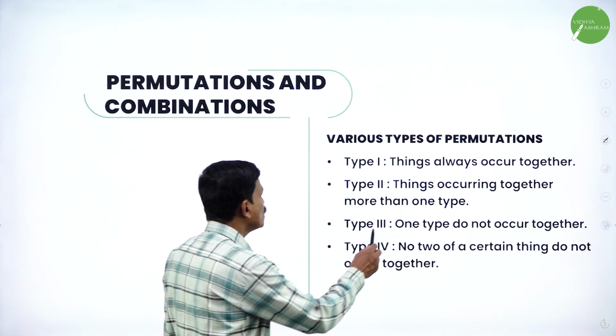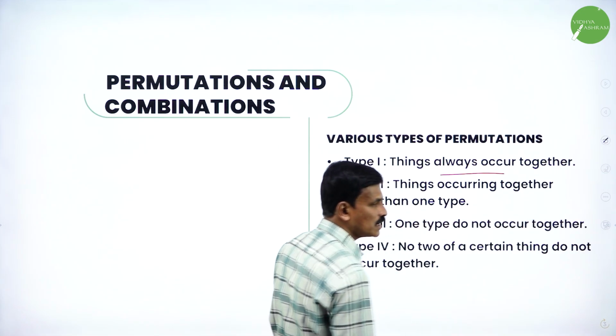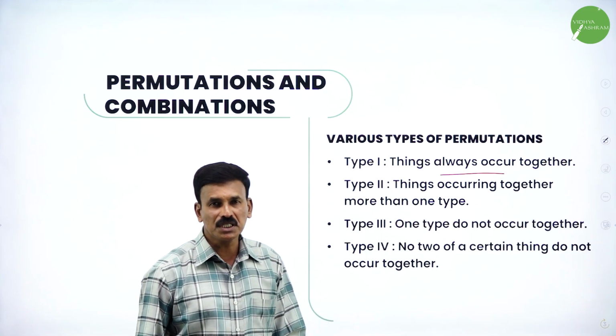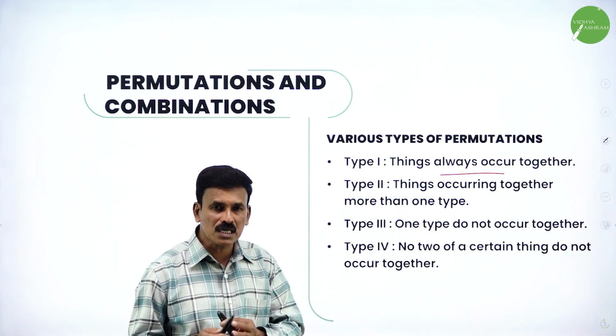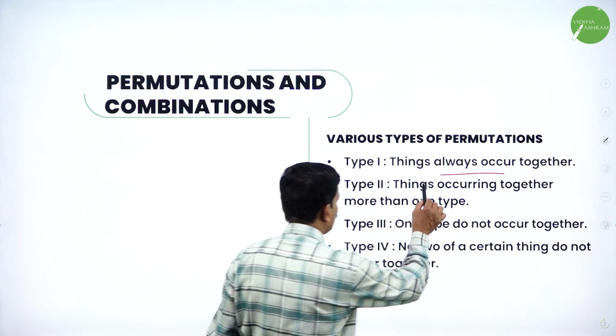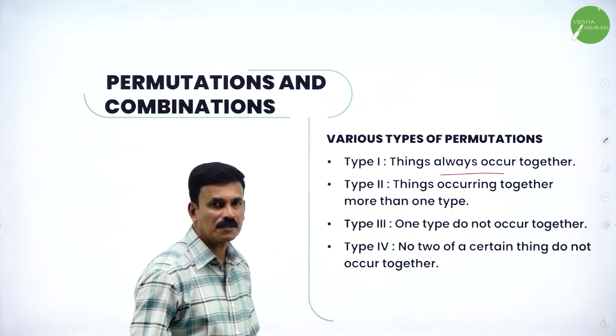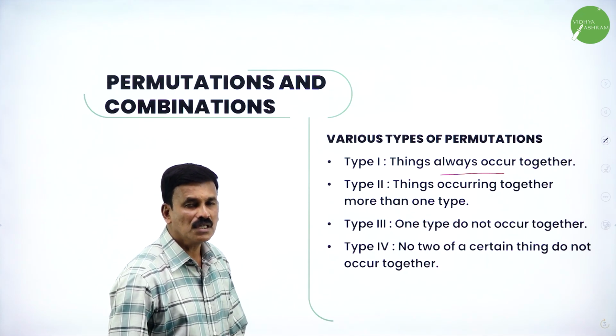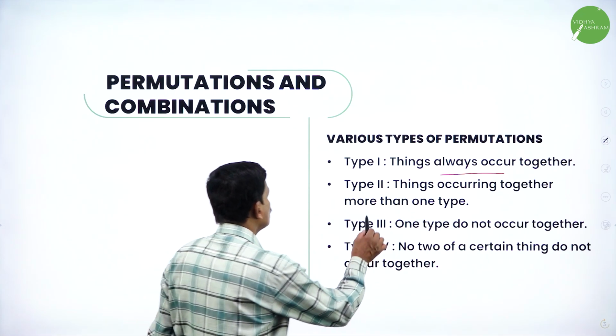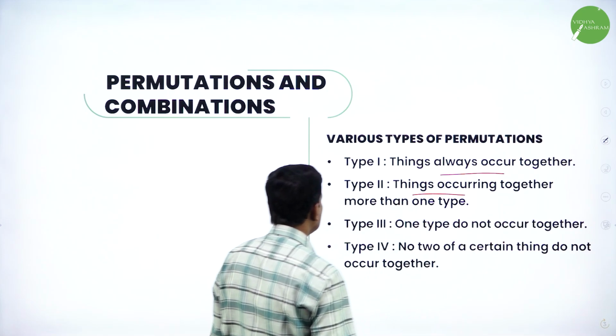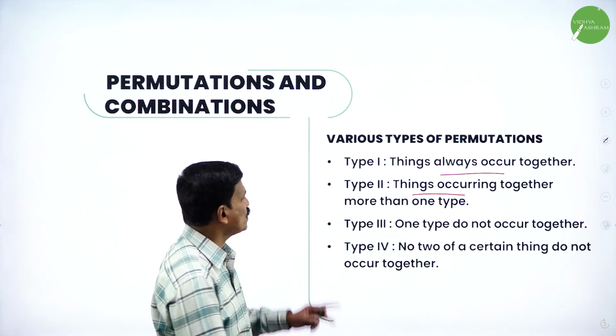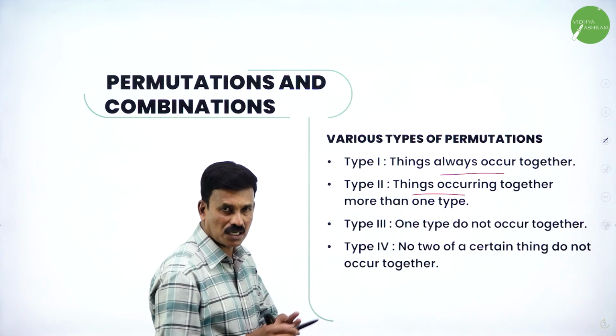So type 1, things always occurring together. How to find the permutation if things always occur together? That is type 1. To find the permutation, I'll take a few problems. Next, type 2, things occurring together more than one time. First one is things always occurring together.